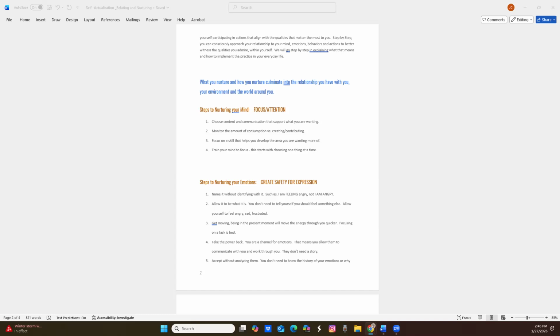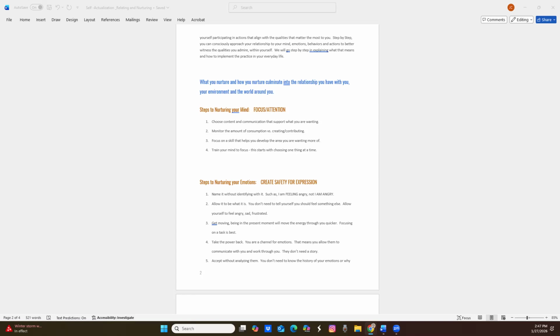The next one is get moving. Be in your physical body. The best way that you can is to be in the present moment. So if you are processing heavy or intense emotions, move your body and focus on something. Clean your house, be present in that process, go for a walk, be very present in your environment.